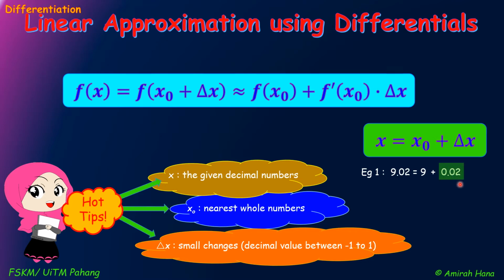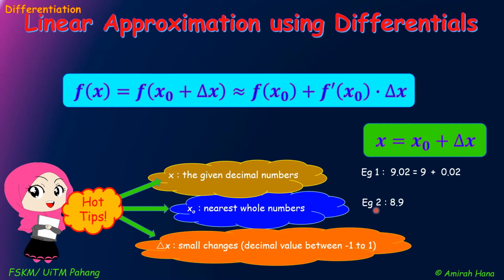And 0.02 is delta x. Delta x means a small change, which is a decimal value between -1 and +1.